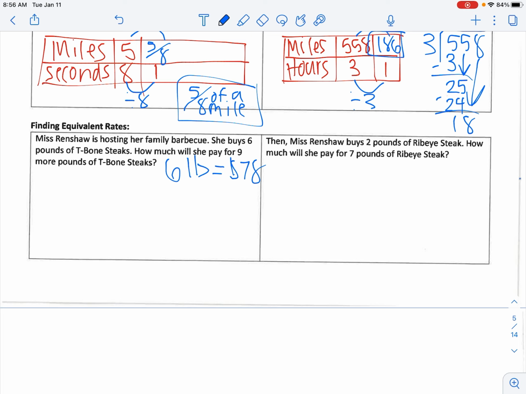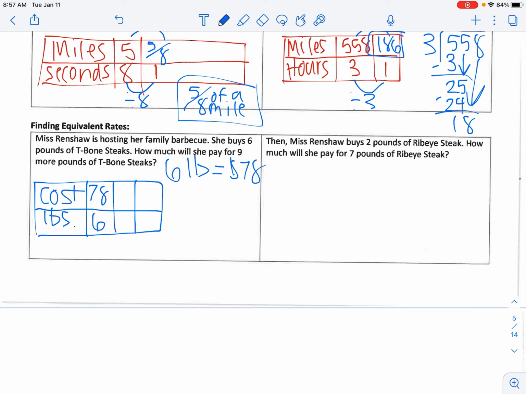So, we're going to start with cost in our table. And then we're going to talk about pounds. Okay, so we have cost and pounds. So our first ratio, it costs $78 for 6 pounds.